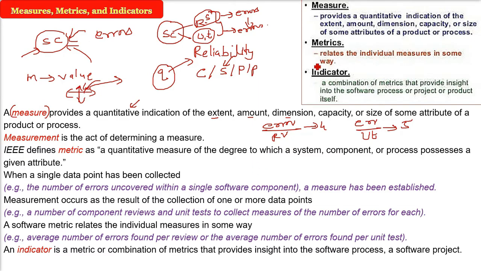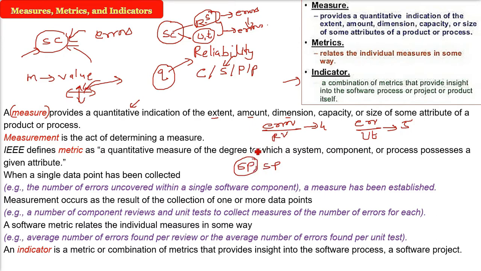Now, indicator. An indicator is when we take a metric, or you can say a combination of these metrics, that provides us with insight into a software process or a software project.